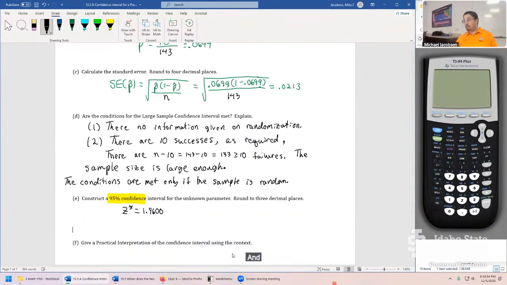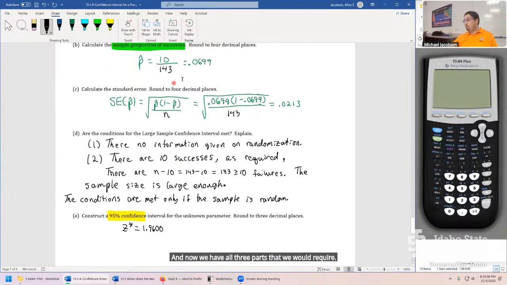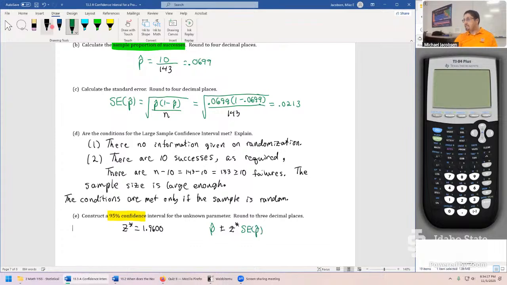And now we have all three parts that we require. We have p hat, standard error, and z star. Next thing to do is just write down the formula. It's p hat, add or subtract z star multiplied by the standard error of p hat.